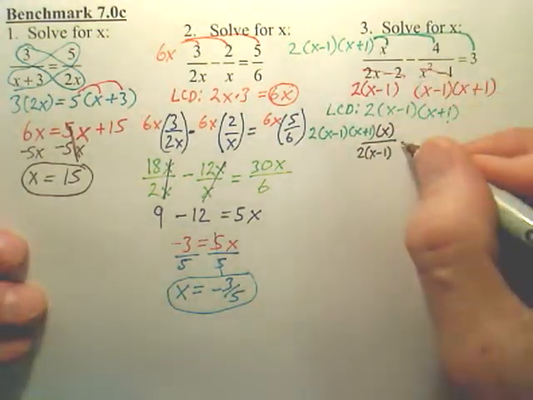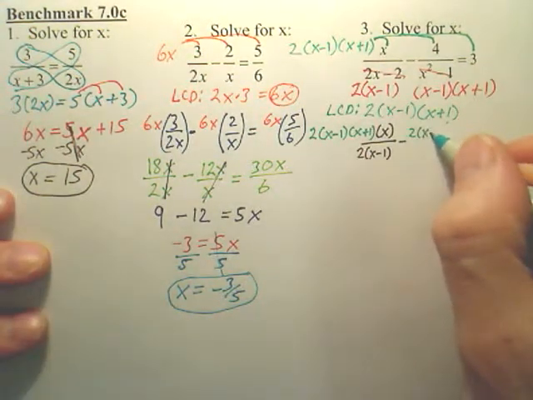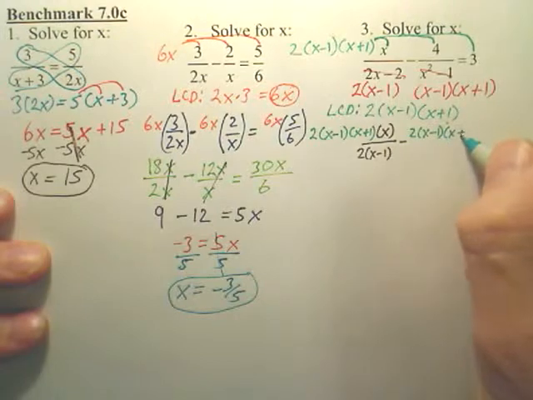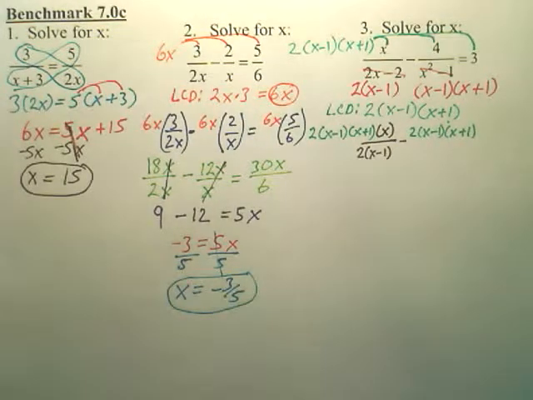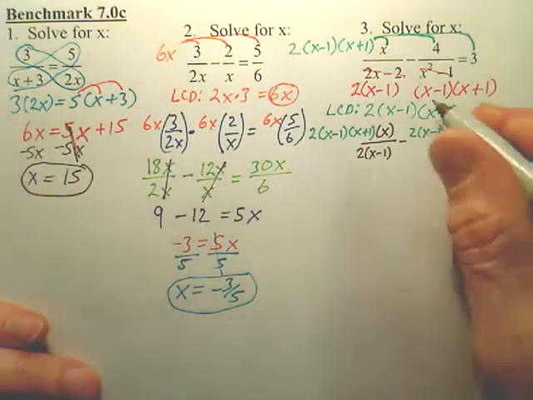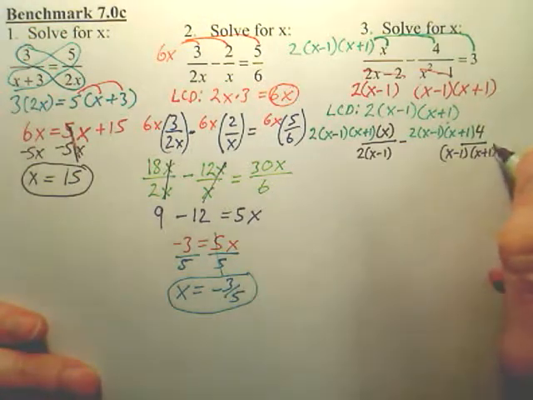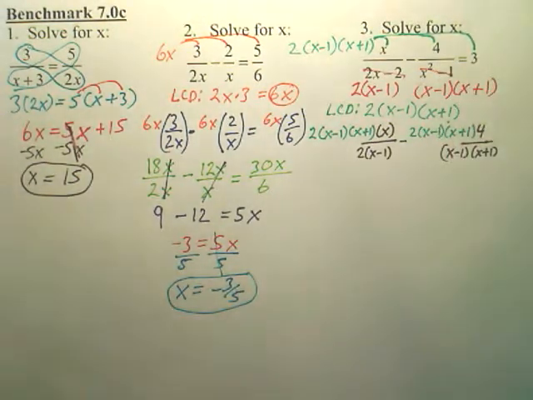And then you have a minus, and then we have the 2 times x minus 1, x plus 1 again. And that would be 4 on top, and x minus 1, x plus 1 is the bottom.